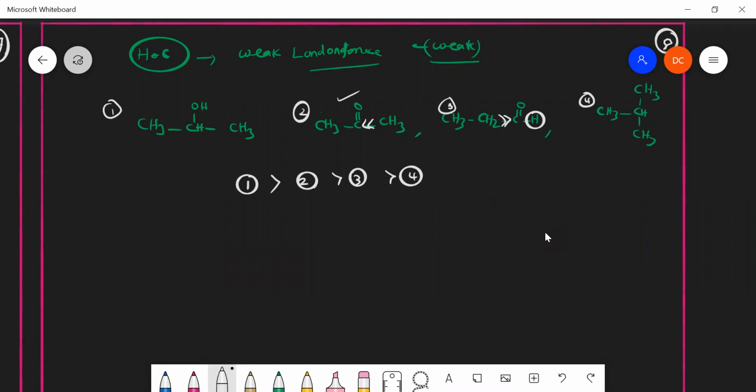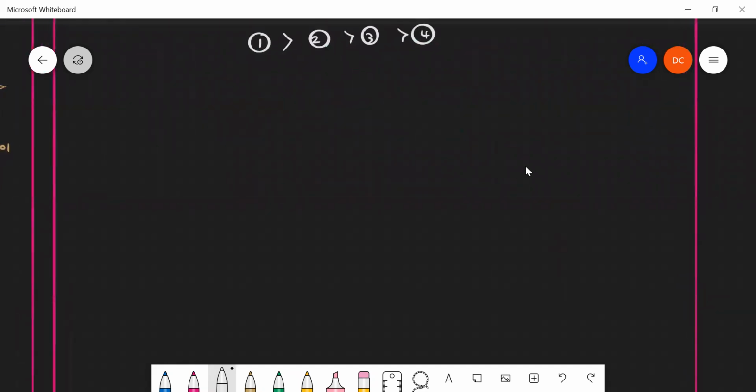Next property is solubility. How do you know whether aldehydes and ketones are soluble in water? We are talking only about solubility in water. If an aldehyde is taken and it dissolves in water, then the solubility is more.